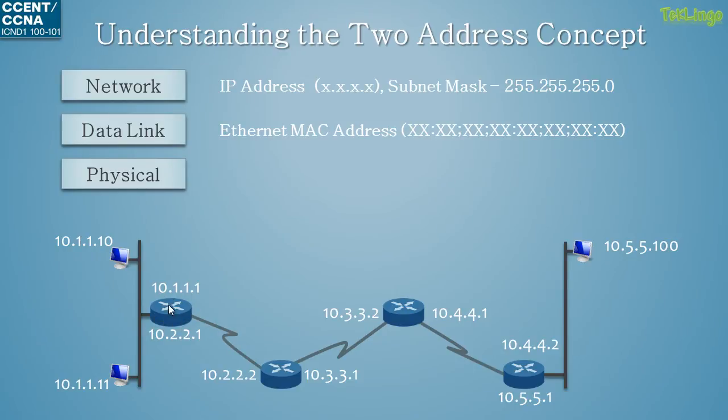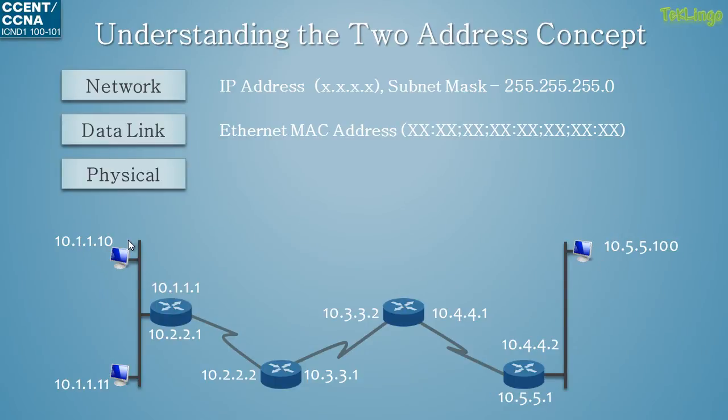So in this picture you can see every router has two interfaces. For this router, 10.1.1 is the interface which is connected to this network, and 10.2.2 is the interface that is connected to another network. Let's say 10.1.1.10 wants to copy a file to 10.5.5.100.